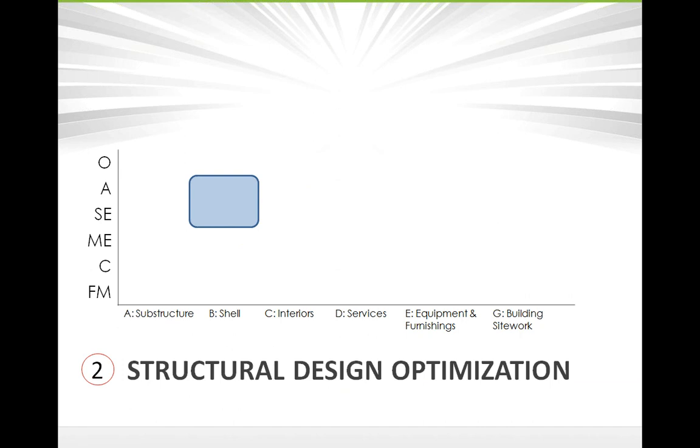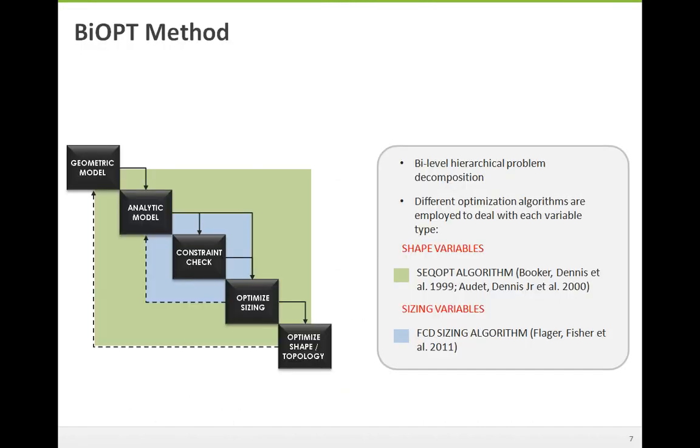So again, we're going to focus just on structures for now. This is a process map of the optimization method, but it's also a very similar process to the conventional techniques. If we just look to the right here, we start with the geometry model. That is usually a CAD model that represents the center line geometry of the structural members.